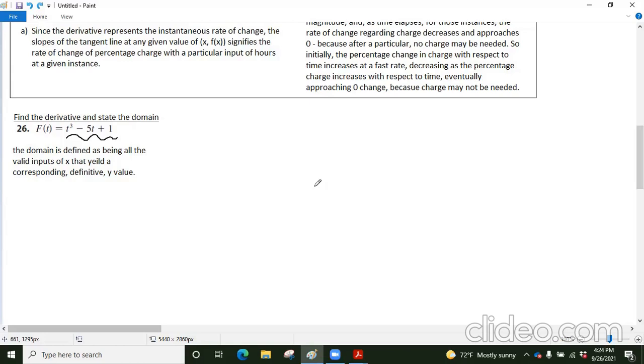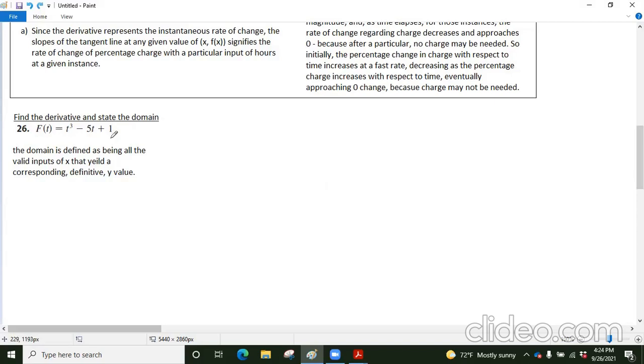I wouldn't have any values where I could input an X and not get a corresponding Y value back. That's just not going to happen for polynomials or linear functions. But it's not really asking you to find the domain of the function. It's actually asking you to find the domain of the derivative of the function.